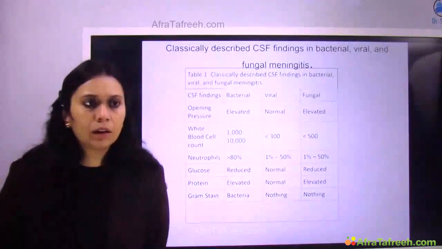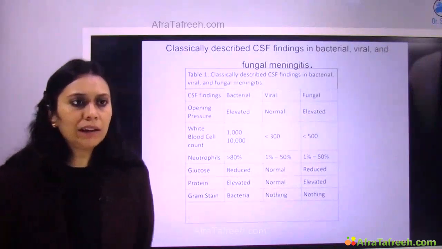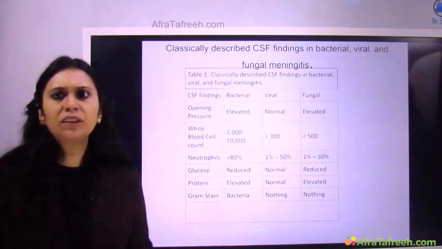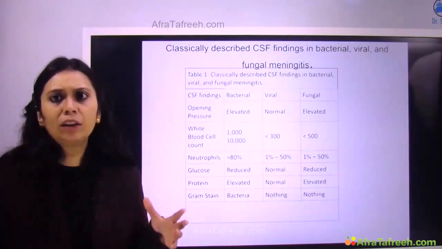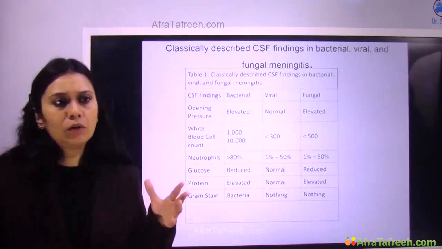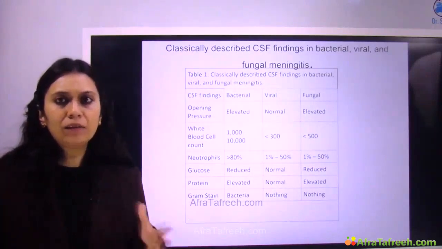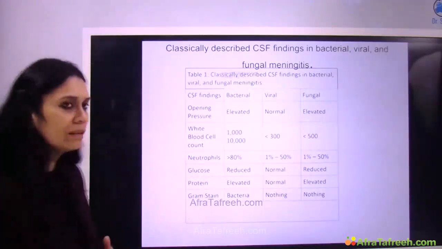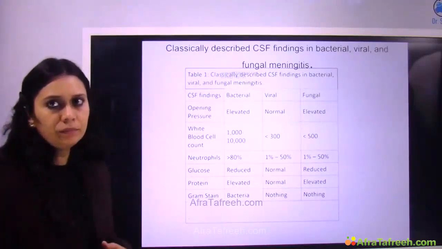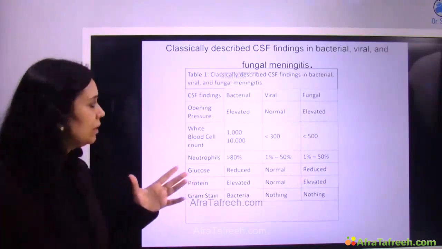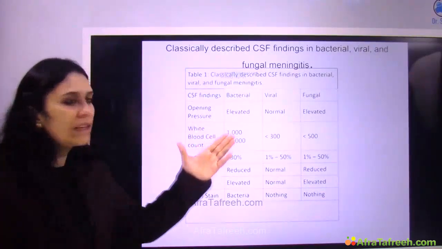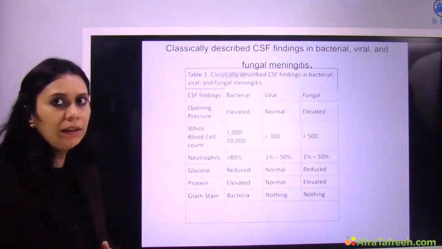Okay. Now classically, what is the CSF finding? Very fast, we'll just see on the basis of CSF how we differentiate between bacterial, viral and fungal meningitis. Now remember, in viral meningitis the CSF pressure is normal, elevated in both bacterial and fungal meningitis, right?